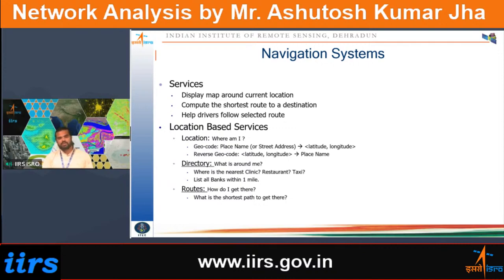It's not that you decide the starting and endpoint in a GUI; rather, wherever you go, at that time, that GPS location is found out, and based on that these directory searches and the routes are computed. So under navigation systems, these two important components are there.